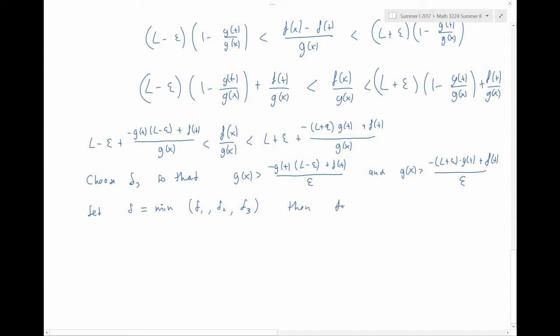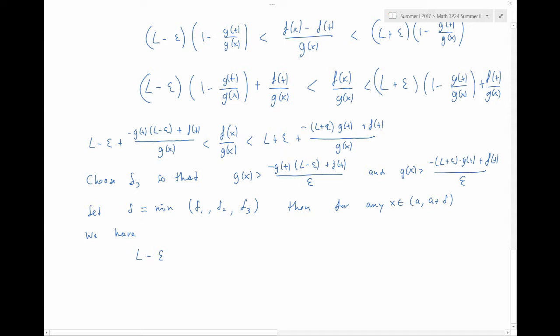Then for any x in the interval from a to a plus delta, we have that L minus epsilon.